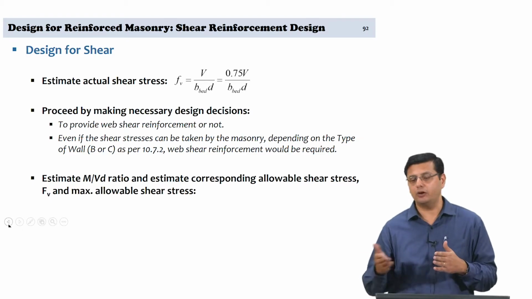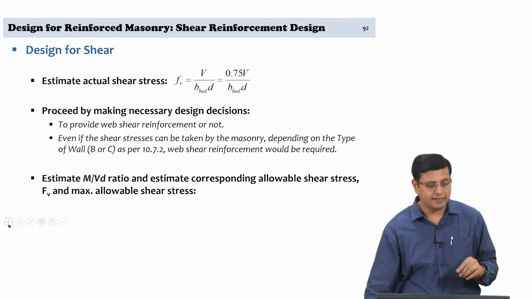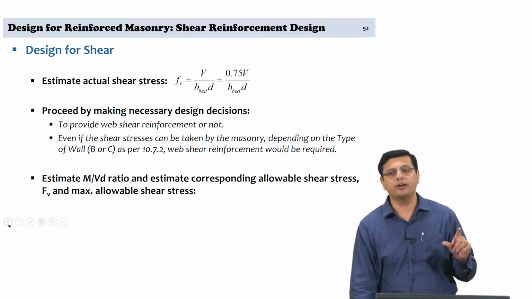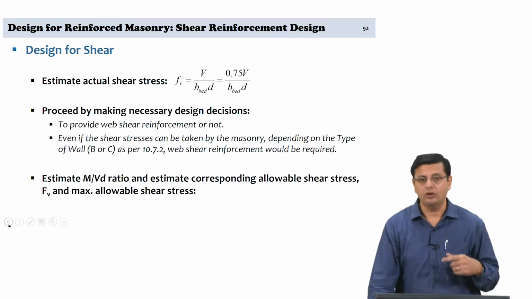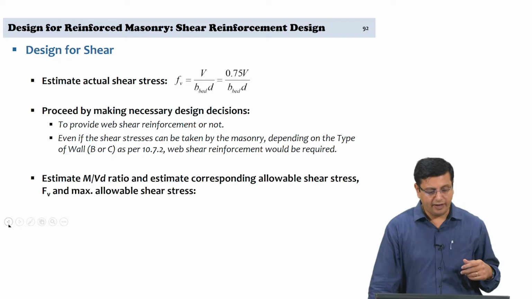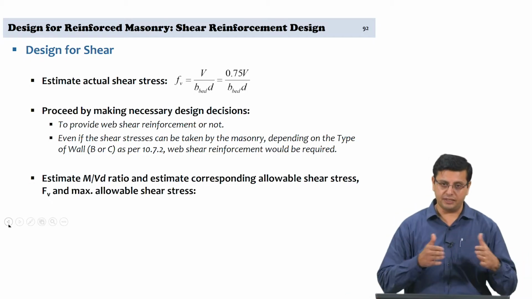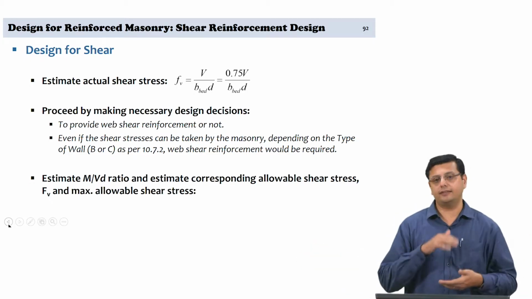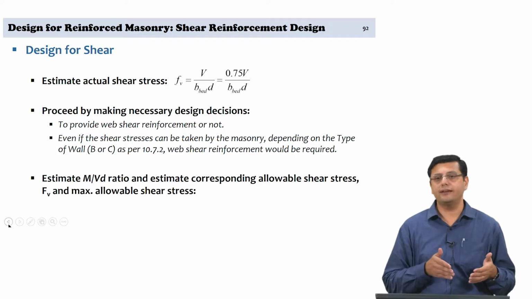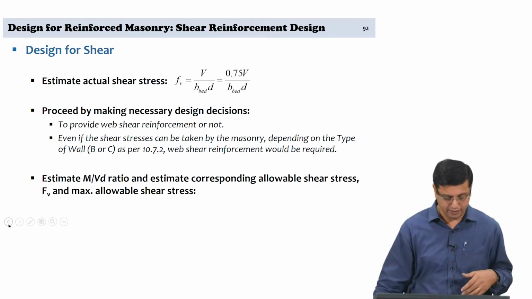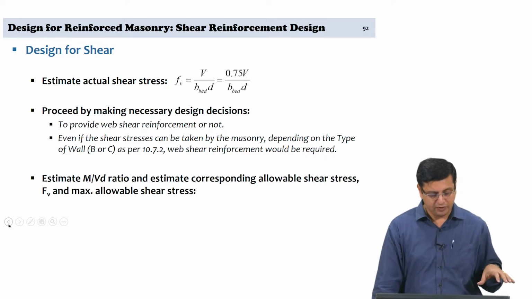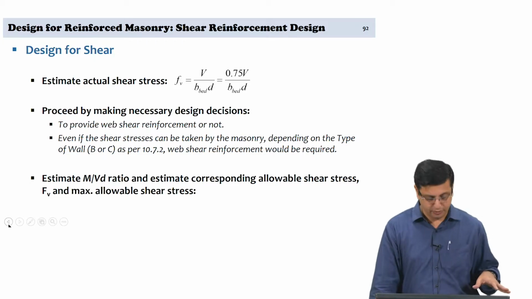You need the allowable shear stress, capital Fv, and that comes from looking at boundary conditions and the aspect ratio of the wall. So, if you have a squat wall which is longer than it is taller versus a slender wall which is taller than it is longer, you will be able to establish what the allowable shear stress is.